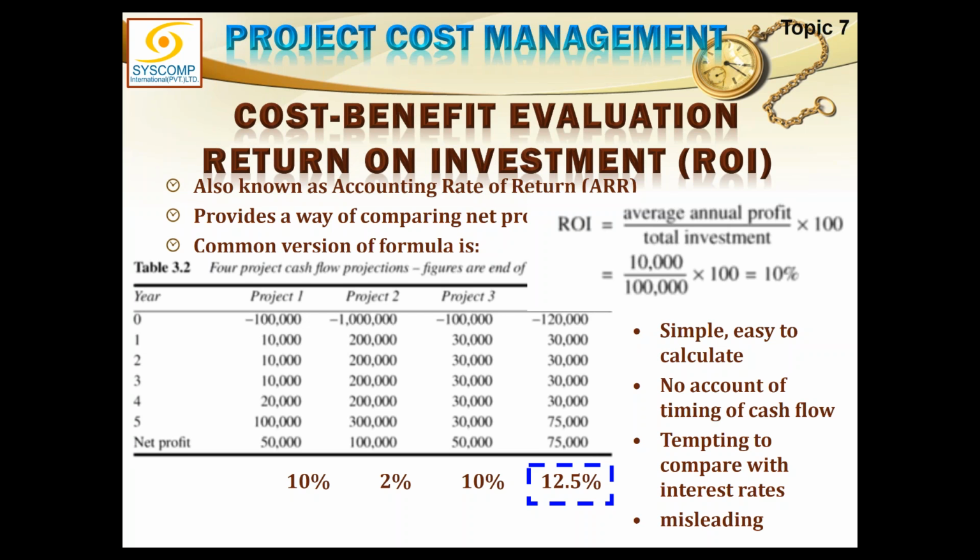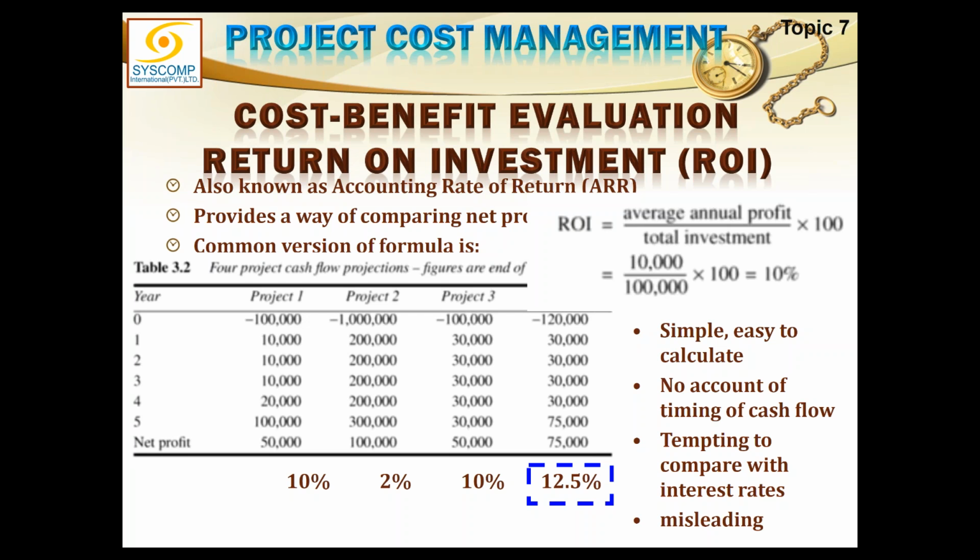Yes, project 4 has been proven to be the best project, but it is yet unable to differentiate between project 1 and project 3. You see, the investment of project 1 and 3 is both 100,000. The net profit of project 1 and 3 is again 50,000 each. And the ROI of both the projects is also 10% each.